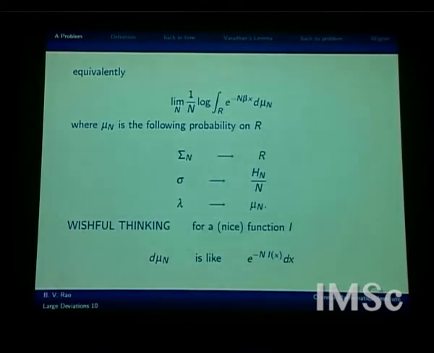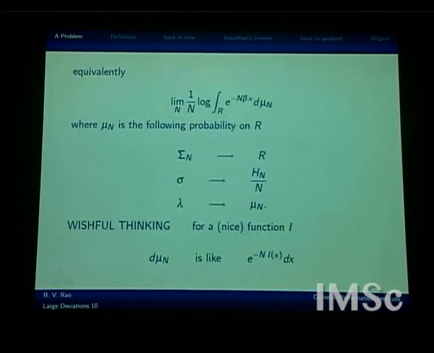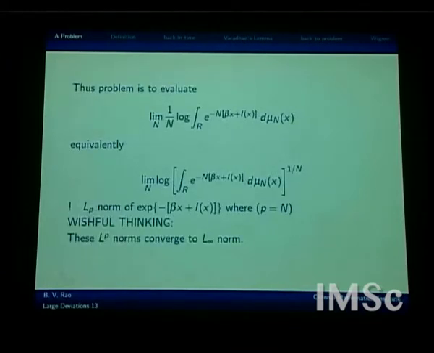So, if d mu n is like that, then look at the top there, I can replace d mu n by e to the power of minus n I x dx on the top. So, that will be e to the power of minus n beta x, I x, there is again another printing mistake, there is no more mu n there.